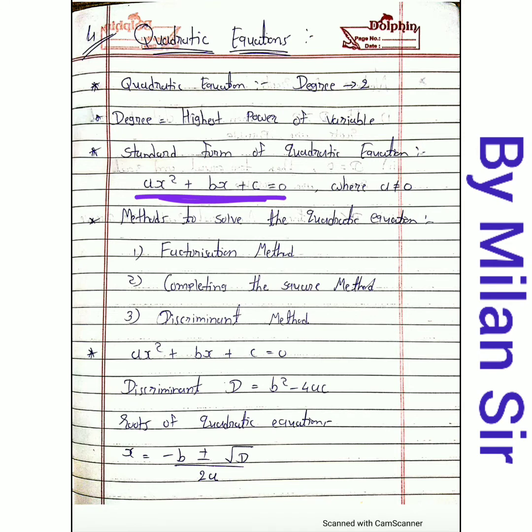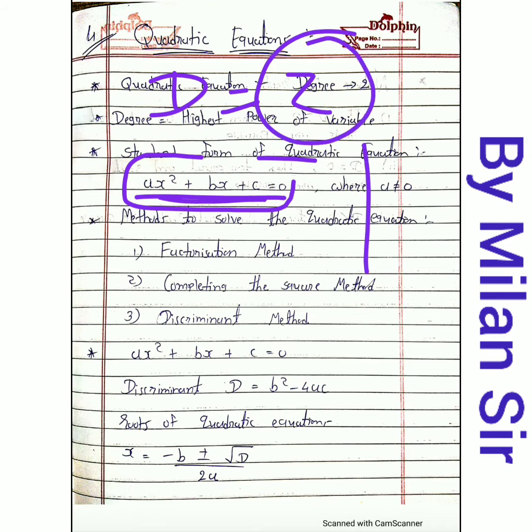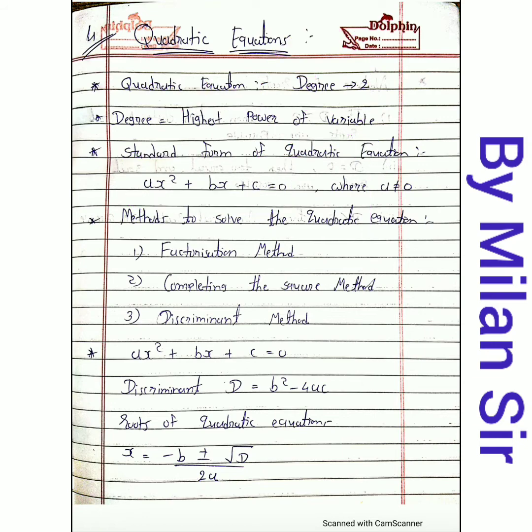Zeros of polynomial, solution of quadratic equation, or roots of equation, all are the same. Here we have degree 2, so maximum we can get 2 solutions. That means we can find 2 values of x.